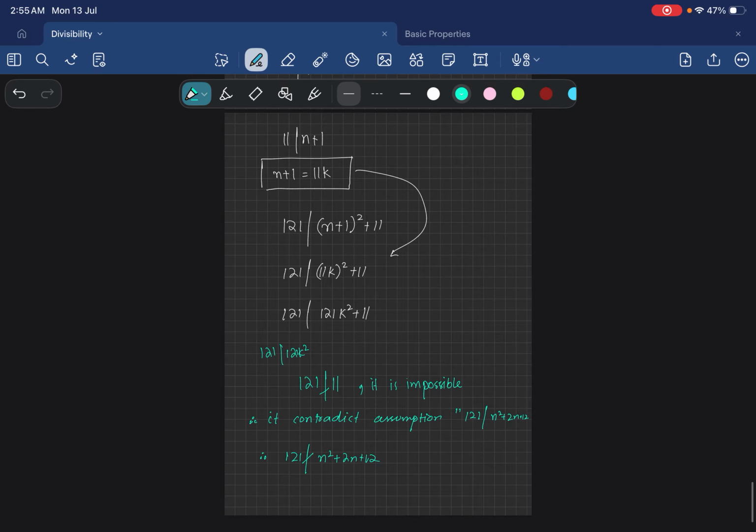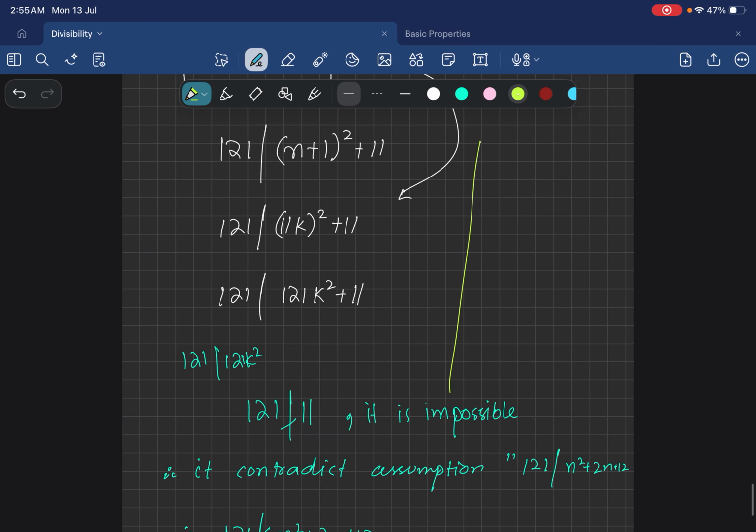Another way you can look at it is that 121 divides 121k square, and 11 is being divided by 121, right? So 121 would have to divide this completely, and we would get an integer, but here we are getting a fraction.